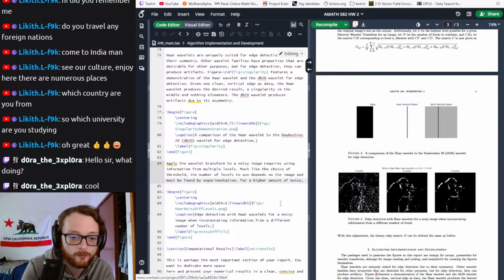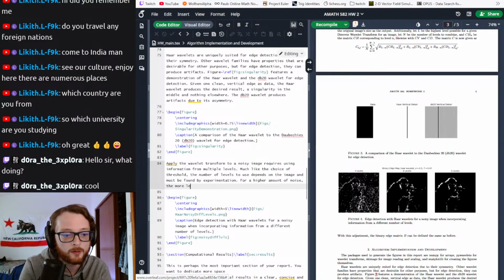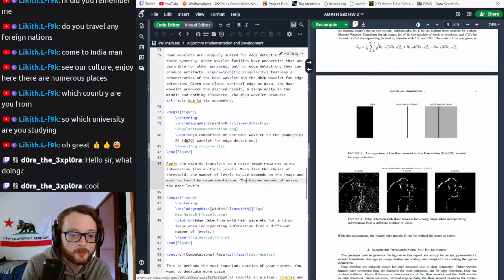For a higher amount of noise, the more levels. Actually, the higher the amount of noise present, the more levels must be used to filter out the noise.